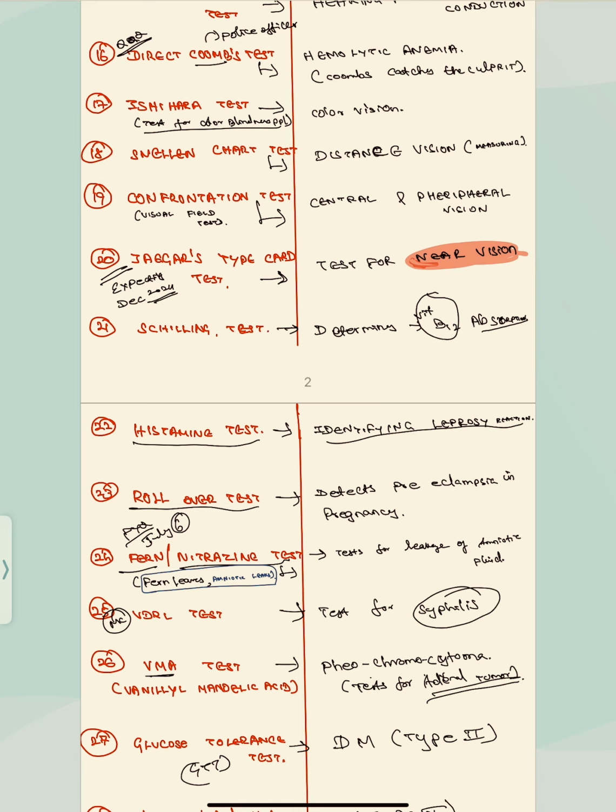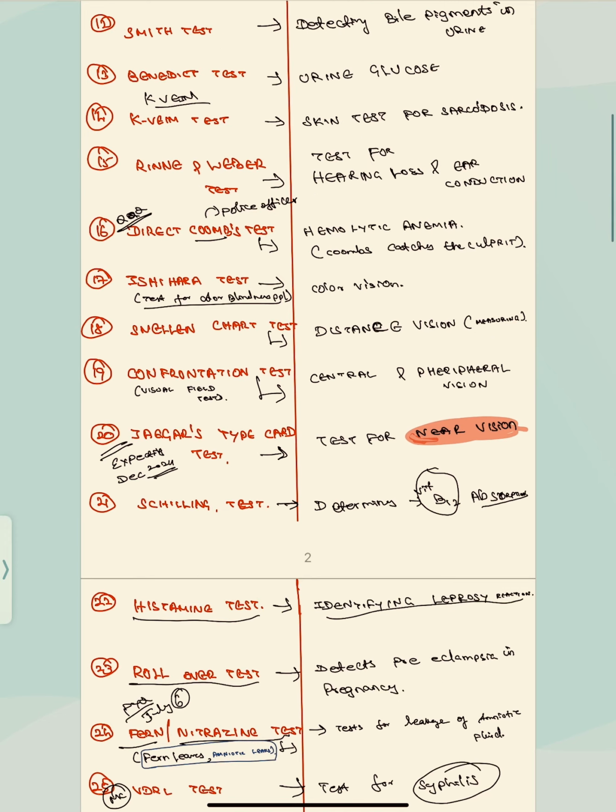Okay. Snellen chart is for the distance vision, Ishihara color vision. Direct Coombs test. Coombs is like acting as a police officer. Coombs catches the culprit, and hemolytic anemia. Rinne and Weber's test. It's for the hearing loss or the ear conduction.